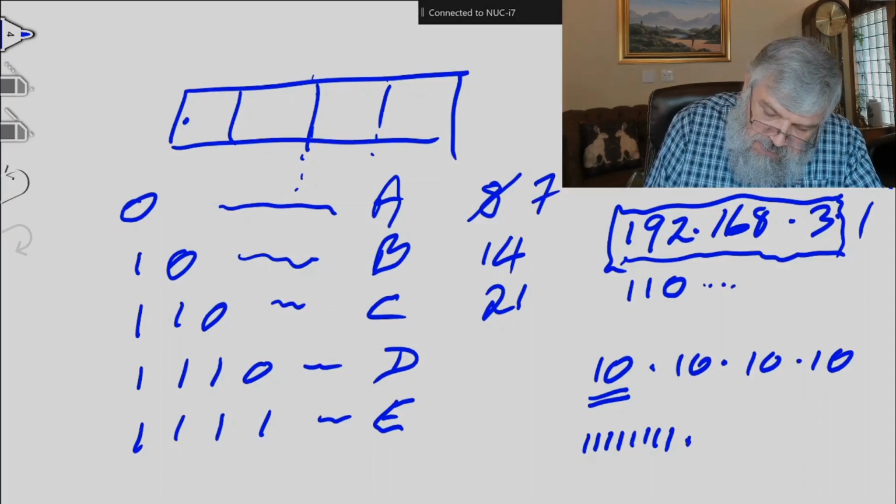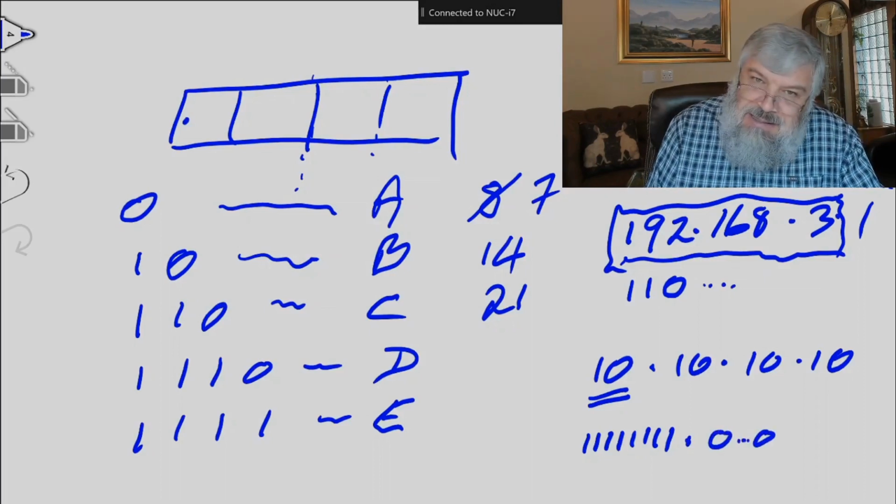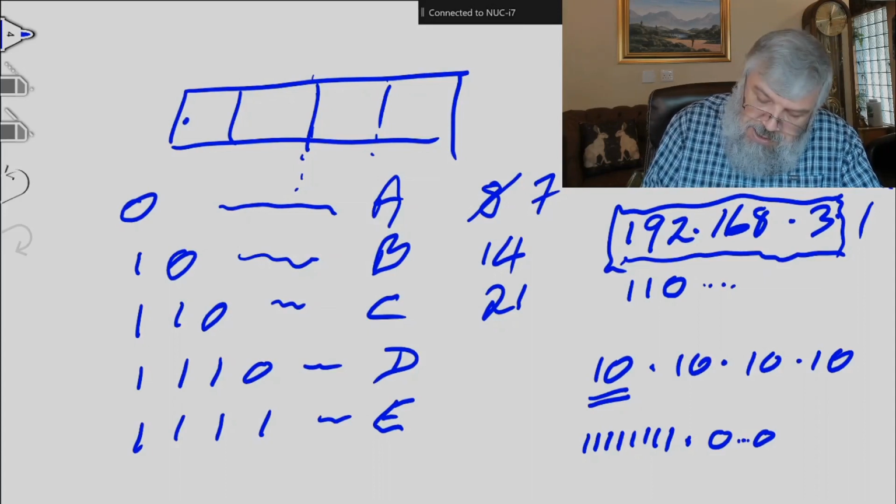Everything else, and now it becomes a lot of writing, so let's just say 0, and just continue straight through. The 8 zeros indicate that the next field is host-based, and the same for what remains, and also for the final byte.